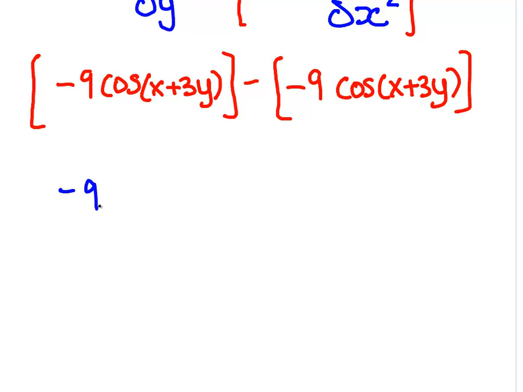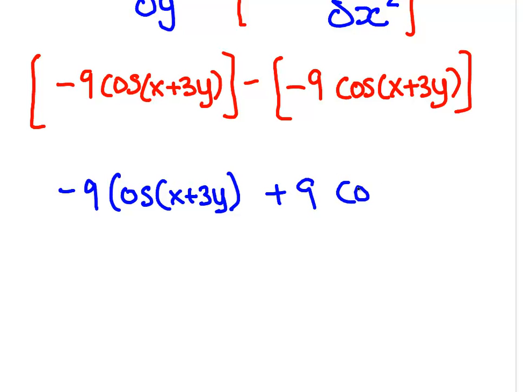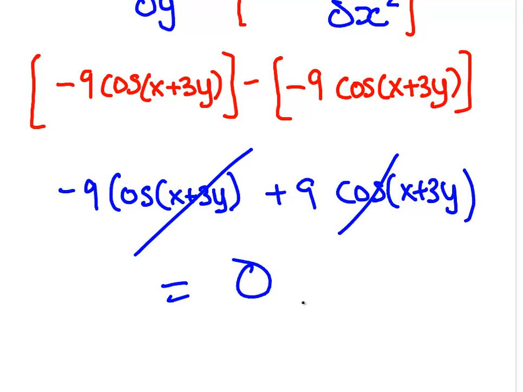So we have minus 9 times cos of x plus 3y plus 9 times cos of x plus 3y, and they both cancel out. So that's the job done. The key thing there is just getting the hang of the simple differentiation operations. So that's another partial differential equation job done.